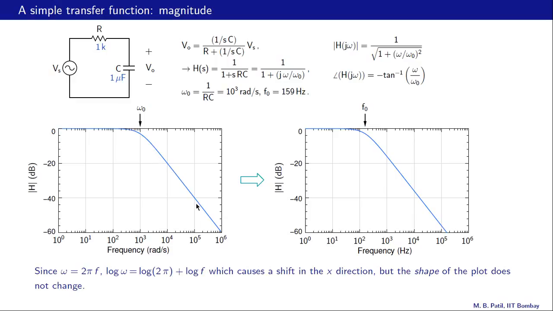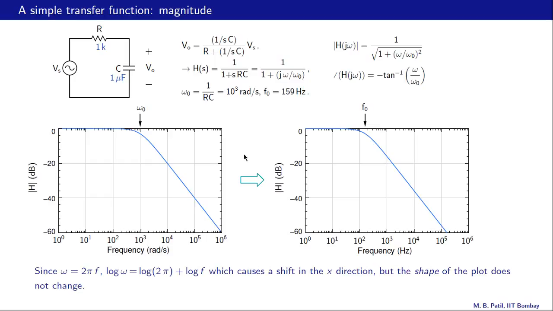So let's focus on this boundary as we change the axis from radians per second to hertz. And let's say we keep these numbers the same, that is omega is going from 10 raised to 0 to 10 raised to 6 in this plot, and the frequency in hertz is going from 10 raised to 0 to 10 raised to 6 here in this plot.